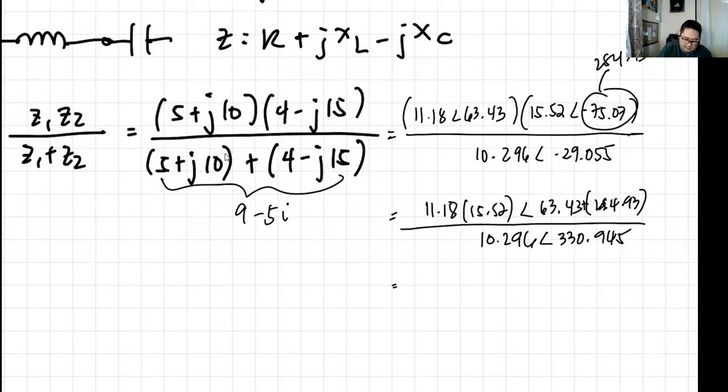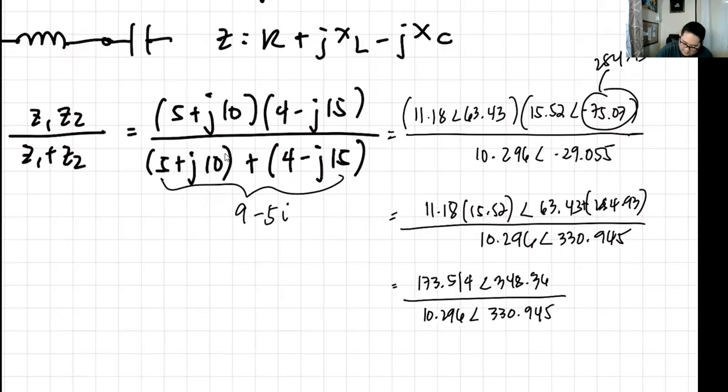11.18 times 15.52. That is 173.514. 63.43 plus 284.93. That is 348.36 angle 330.945.